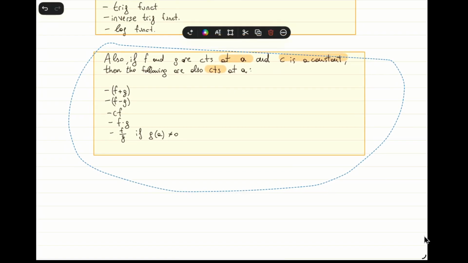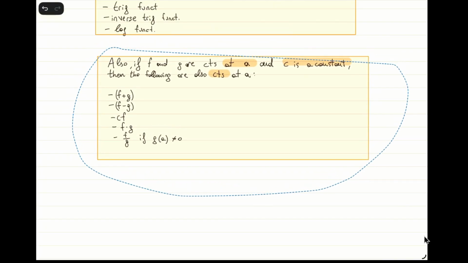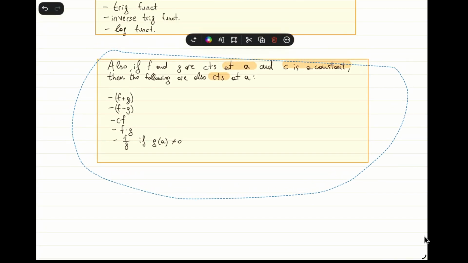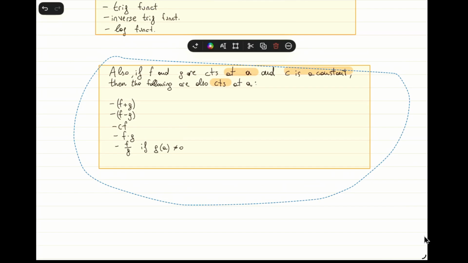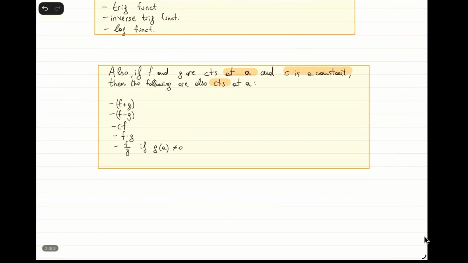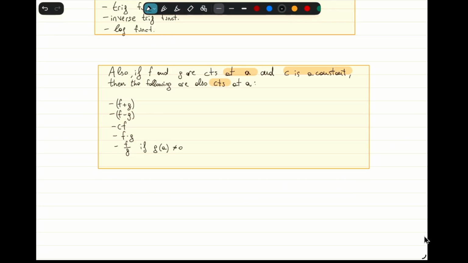Okay, so f plus g will be continuous, f minus g, so subtraction, will be continuous, multiplying by a factor c will be continuous, f times g is continuous, and f over g is continuous if g of a is different than 0.